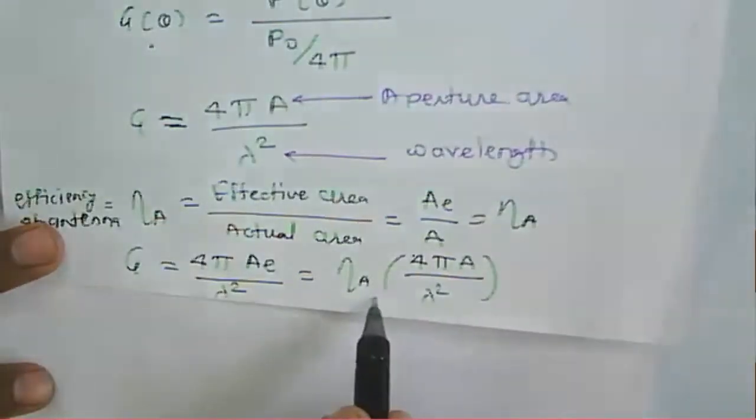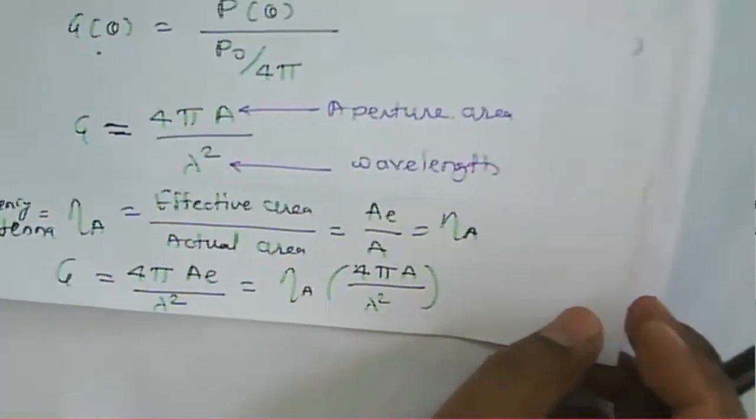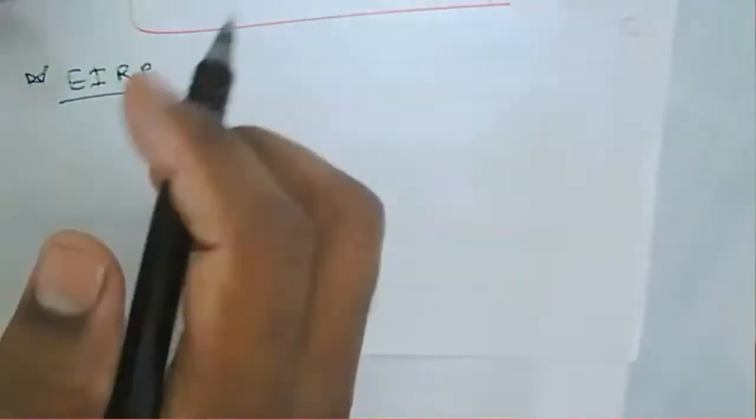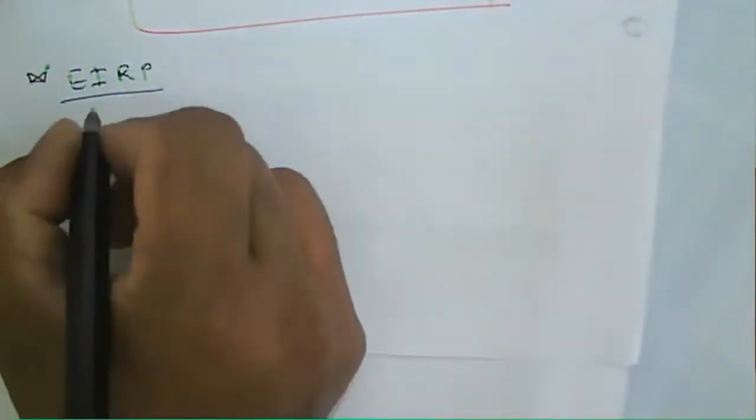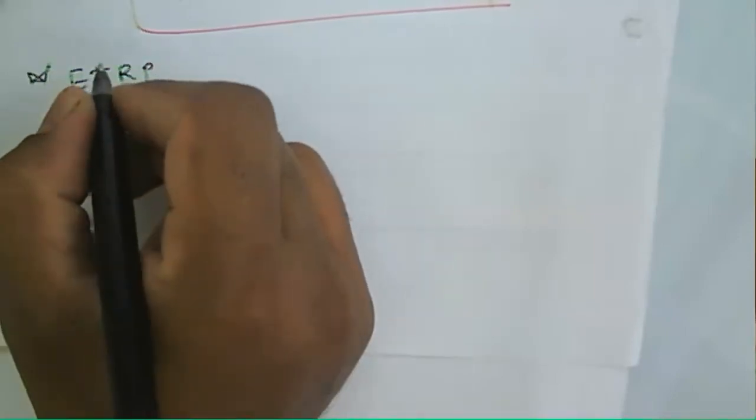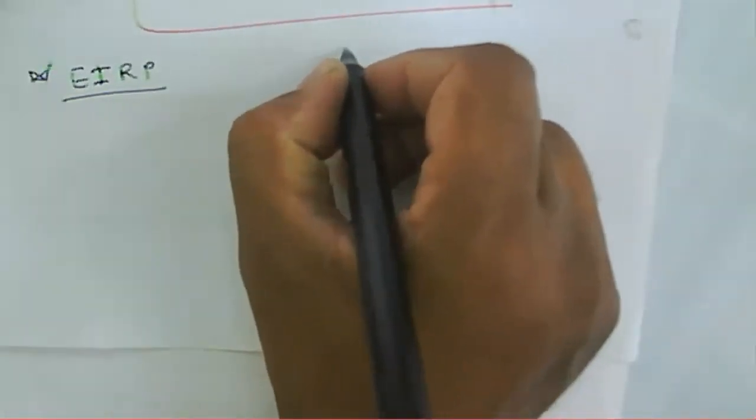So now this is about the gain of an antenna. If we consider a circular aperture there, we should know what the radiated power will be in the direction of the main lobe of an antenna. This is the main lobe of an antenna, and this is the radiated power.